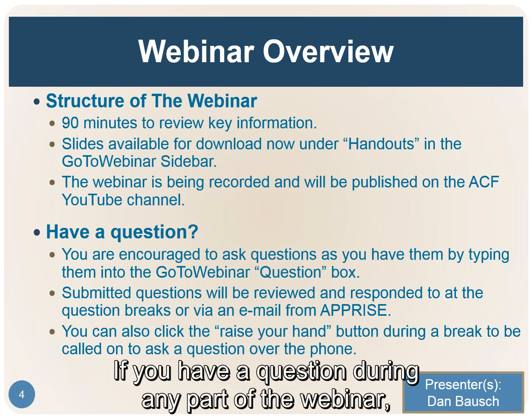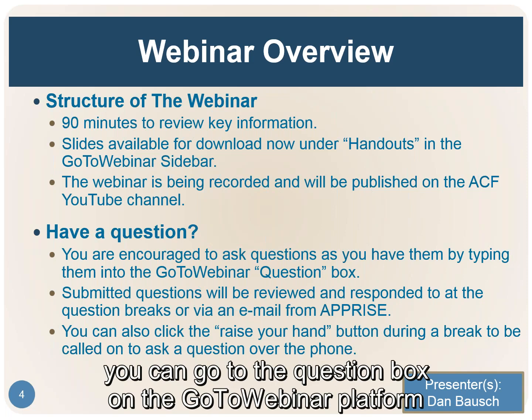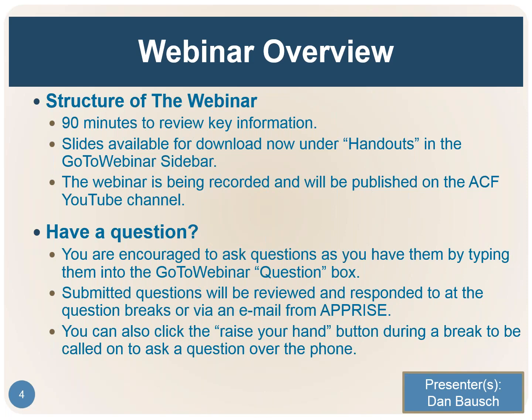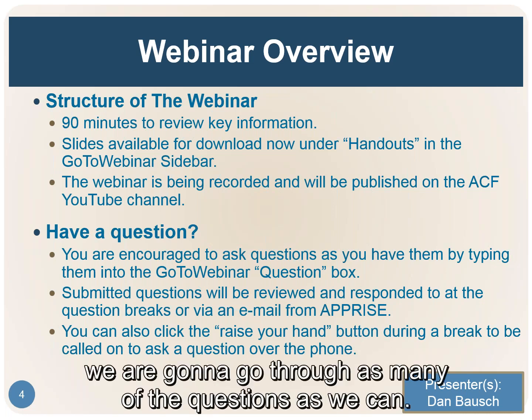If you have a question during any part of the webinar, you can go to the question box on the GoToWebinar platform and type it in. And then during one of our question breaks, we have several of them, we're going to go through as many of the questions as we can.